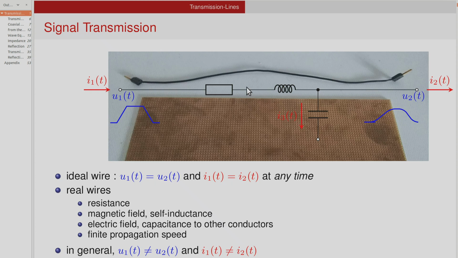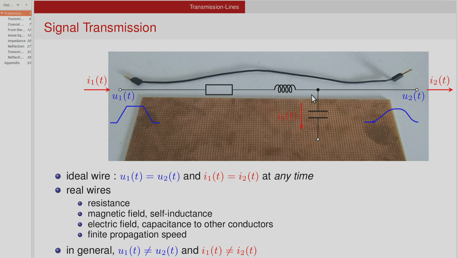So every piece of wire has a bit of inductance. And then, of course, there's a potential on the wire, and the surrounding potential may be different. So there's also a bit of capacitance in every piece of wire. So the simple straight line approximation, the ideal connection, does not always apply for real wires.